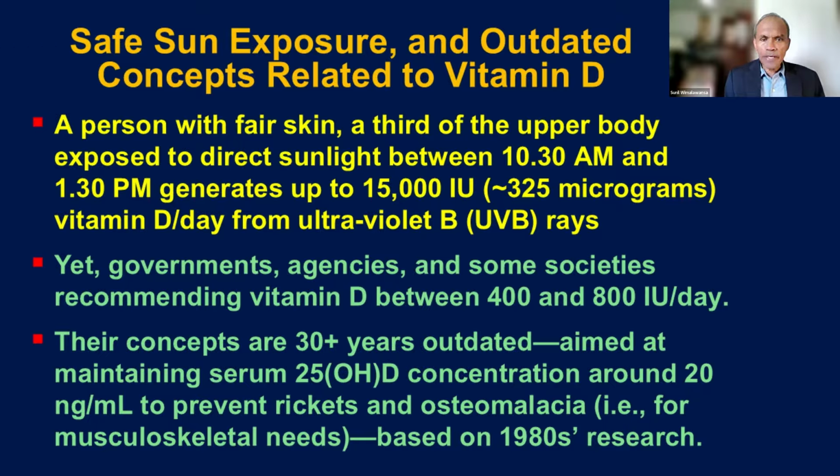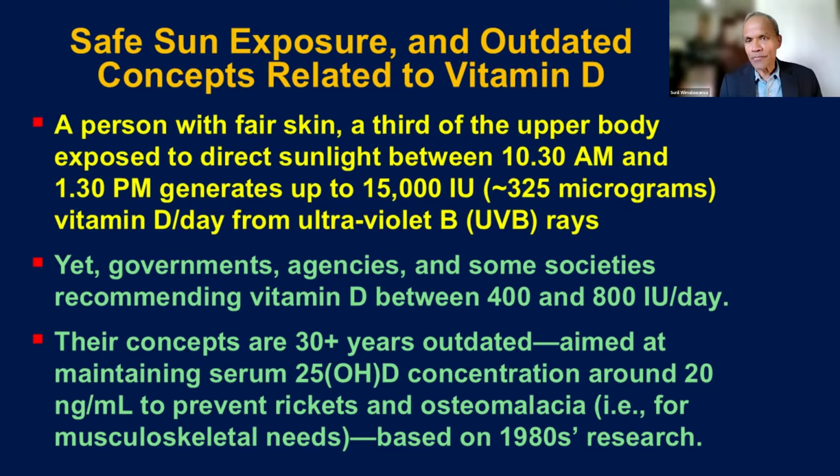These recommended amounts are based on the musculoskeletal effects only. Even more, they are designed to prevent rickets in children. That is the fundamental way the governments and government-appointed bodies have calculated the amount of vitamin D necessary for an adult.